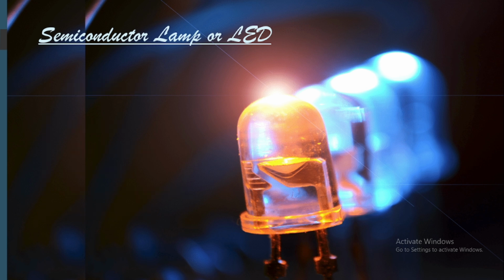A semiconductor lamp is a semiconducting PN junction which is properly biased and serves as a light emitter. Diode is a basic concept, so I will move on to the next details.